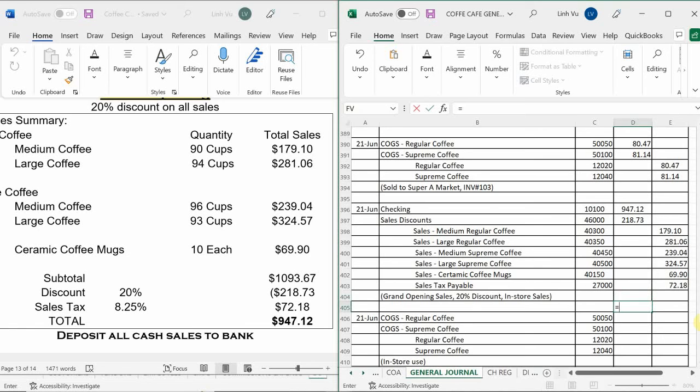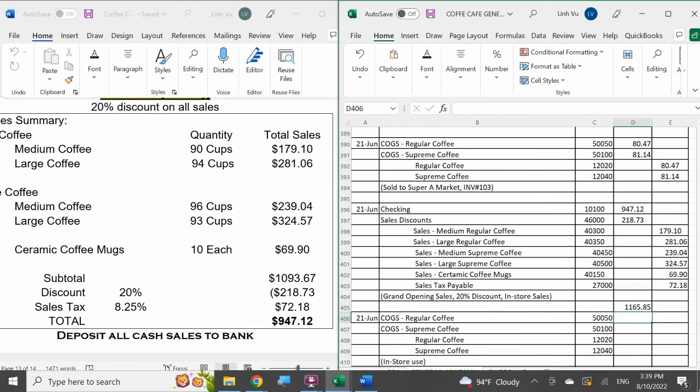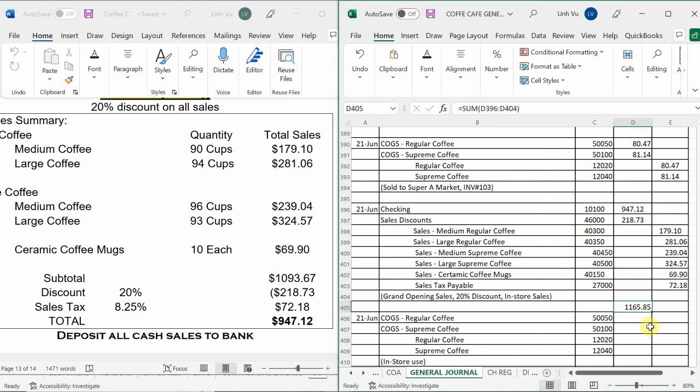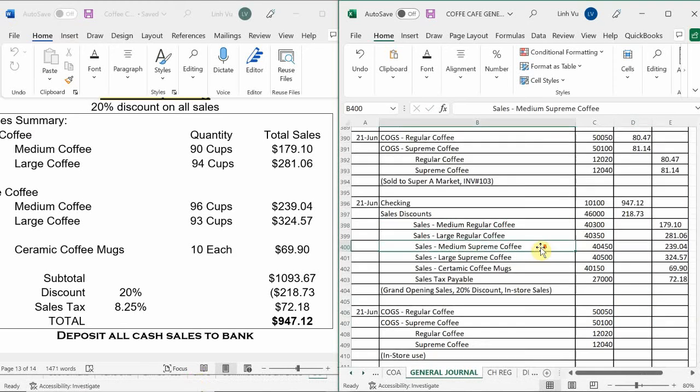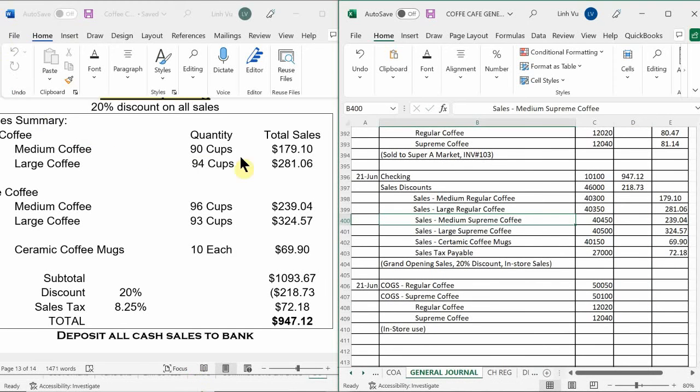Okay, so let's once again run my formula to ensure there's no typos. So I got a grand total of 1165.85 on the left with 1165.85 on the right. So great. No typo there.